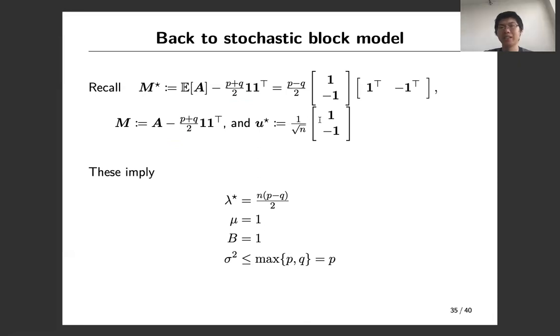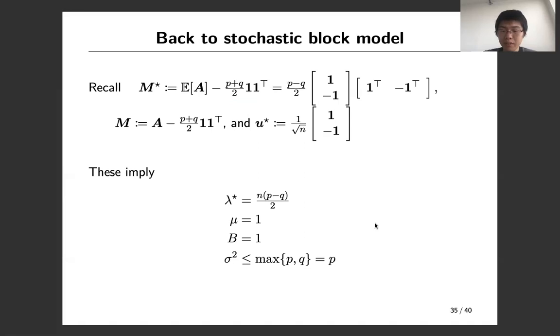Okay, we have a fairly delocalized eigenvector. Given such a model, we can simply compute that lambda star is equal to n times the gap in the probability over 2. The incoherence parameter is simply 1. The bound on the noise is, remember that the noise is the Bernoulli random matrix, so that it has bound 1. And the variance of the Bernoulli random variable is no larger than p, which is the maximum of p and q.